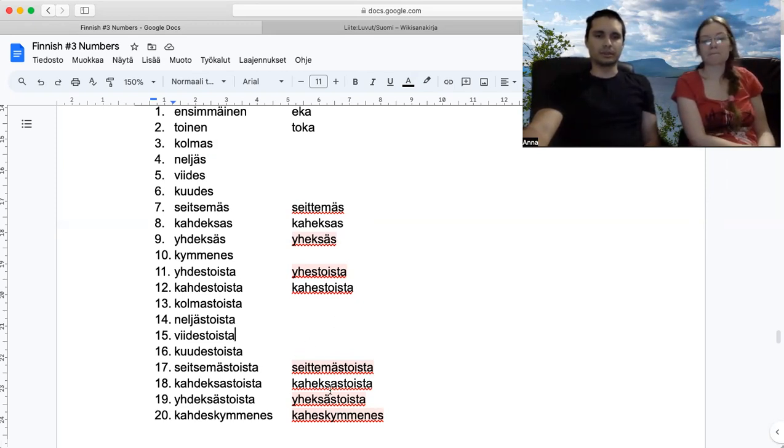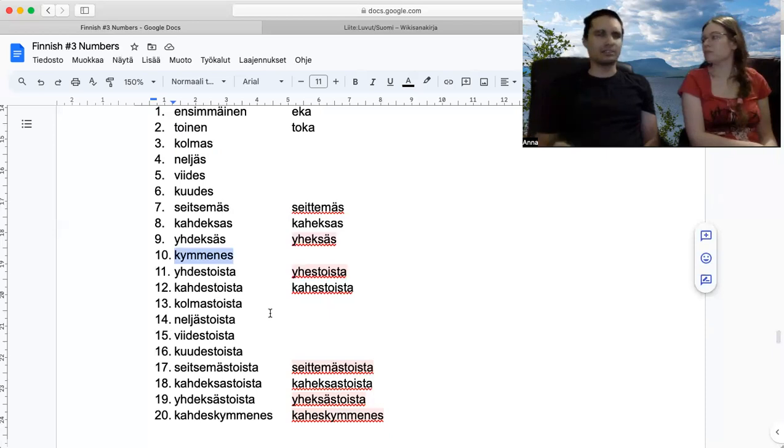So, for example, 30th, 40th, and so forth, you would take 3, then 10. 40th, 4, 10. 50th, 5, 10. 60th, 6, 10. 70th, 7, 10. 80th, 8, 10. 90th, 9, 10. And then 100th, sadas.